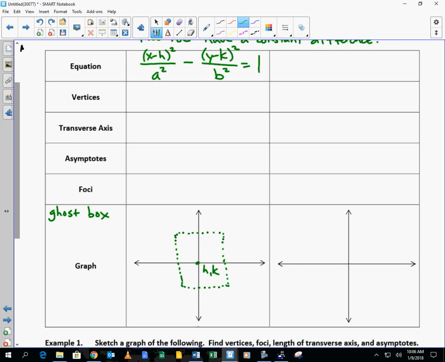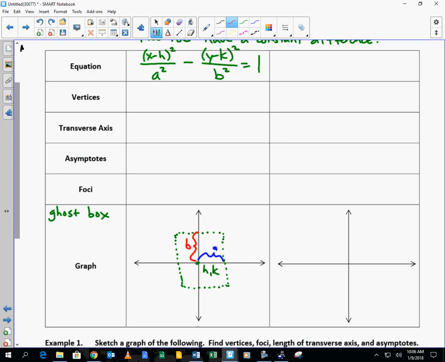A. Whatever a is, that's the number of units that this box is stretched horizontally. Anybody want to guess how many units this box is stretched vertically? b units. That's really similar to how we started with our ellipses, right?